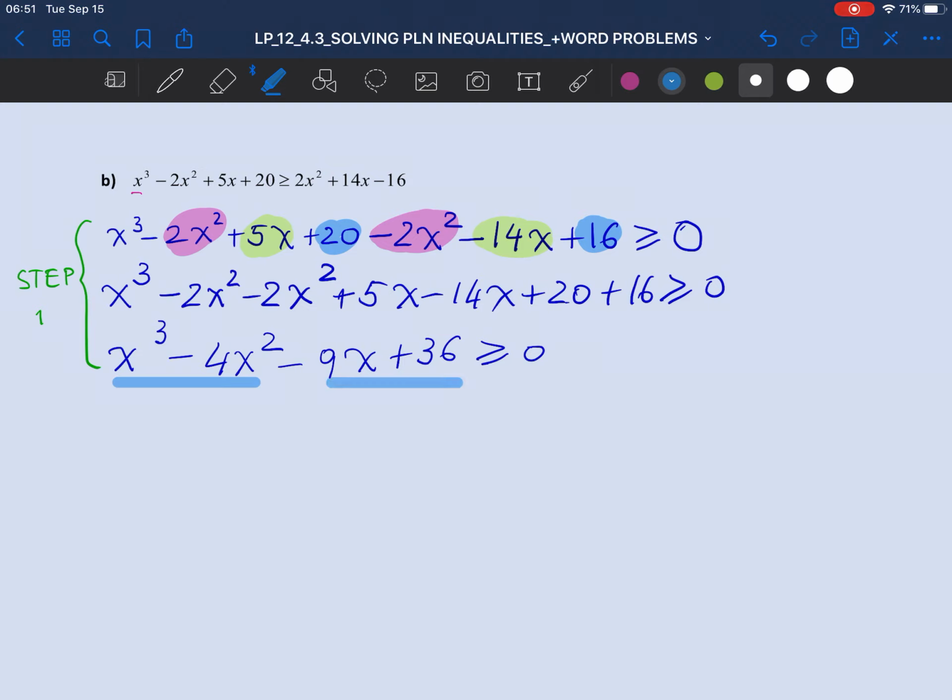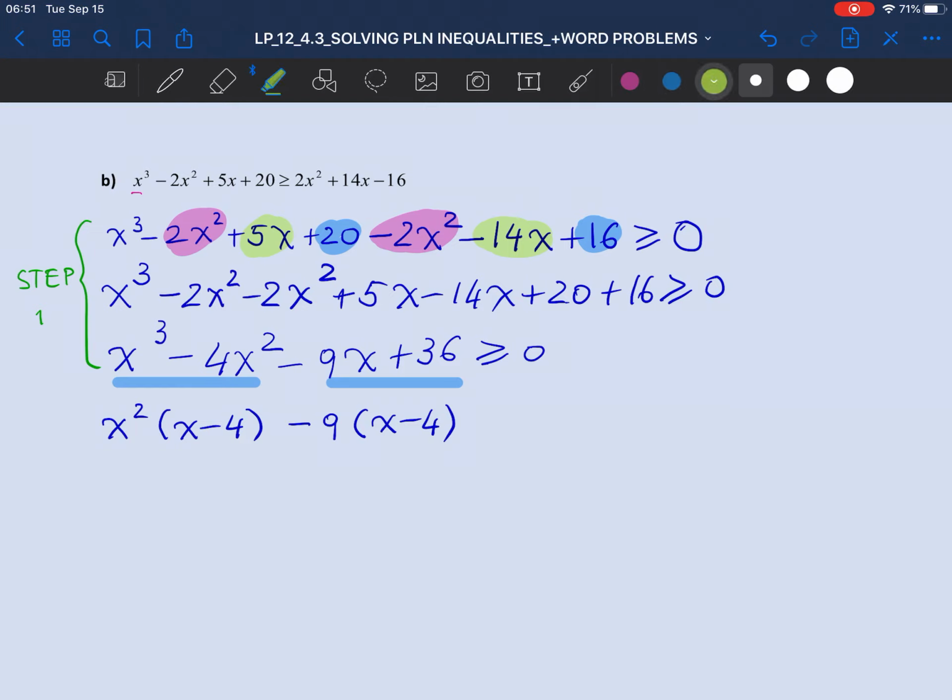And negative 9x plus 36, they have a common factor of 9. And what I see here is if I factor 9 in the second group, then I have x minus 4 and x minus 4 in here. So I will go ahead and factor by grouping. So x squared, x minus 4, and then minus 9, x minus 4.